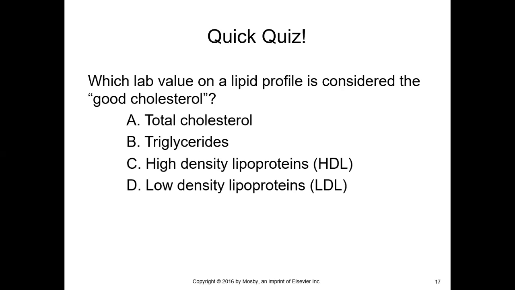And one of the things I mentioned in class was that HDL is really genetic based. I mean, it can be influenced somewhat by medications and diet, but it really has a genetic predisposition. So if my parents had good HDL, I probably will. If they had bad HDL or not so high HDL, then I probably will have lower HDL.